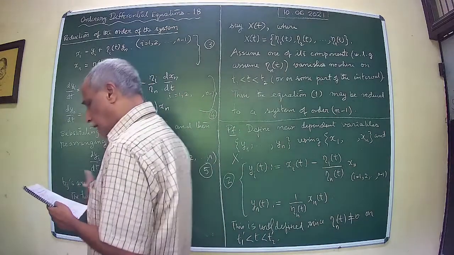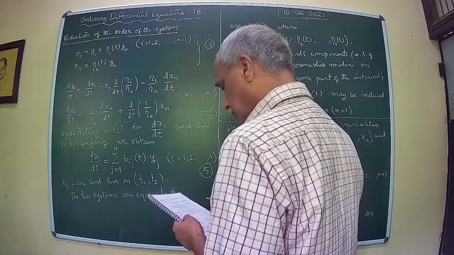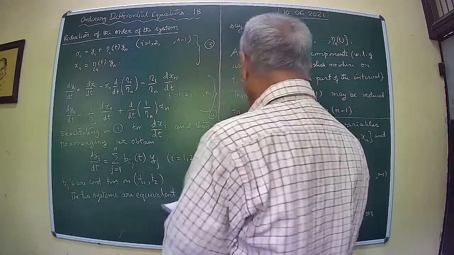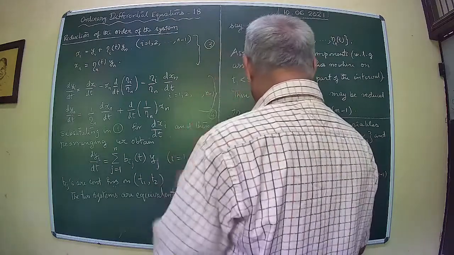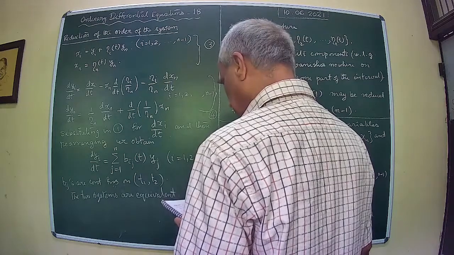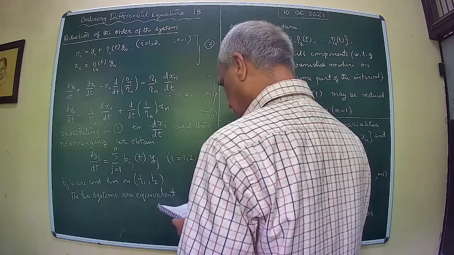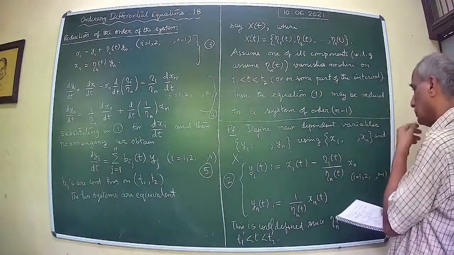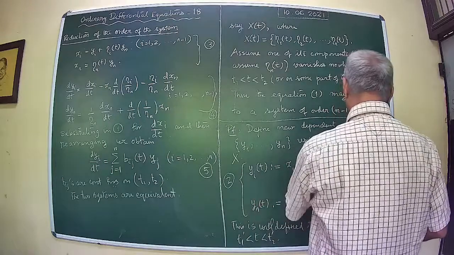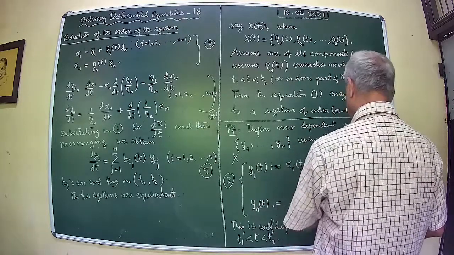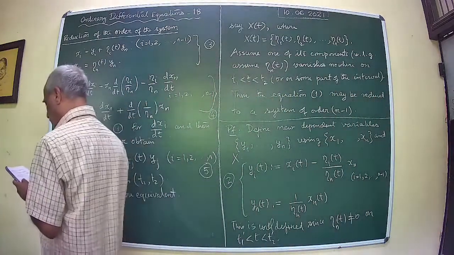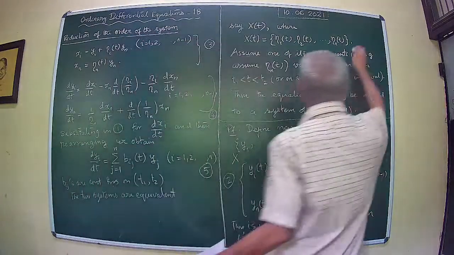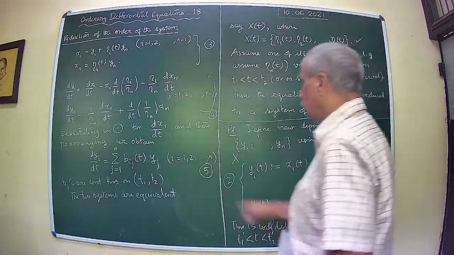Now let us make an observation on what these solutions are. Suppose you now look at, we started with these solutions. What is the corresponding solution for 5?